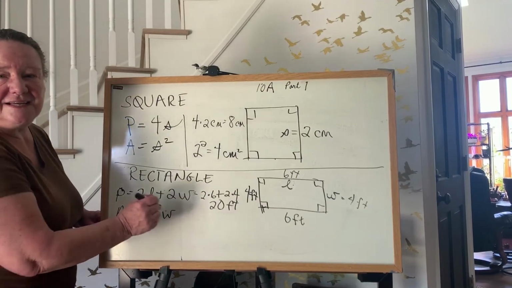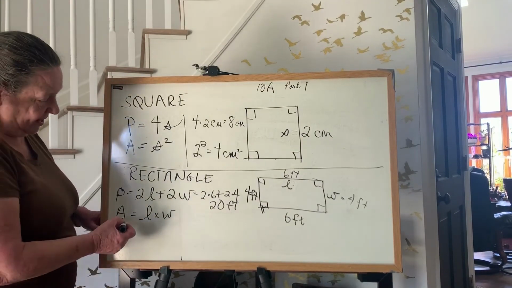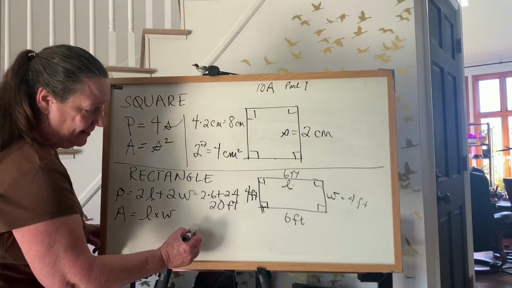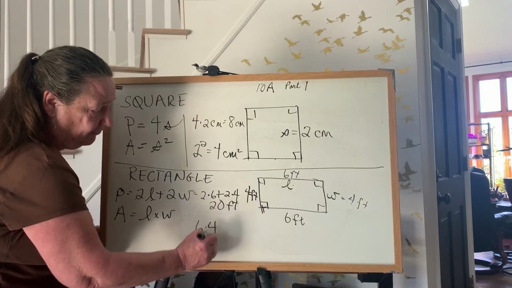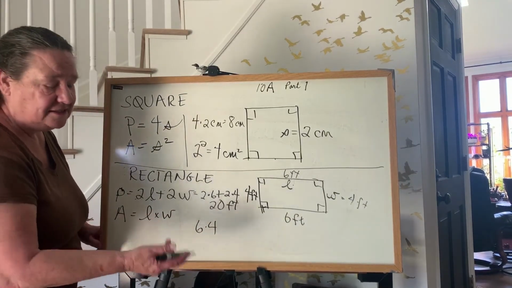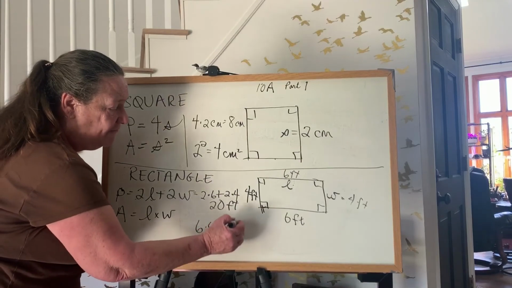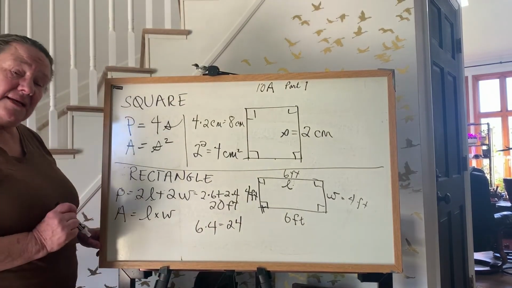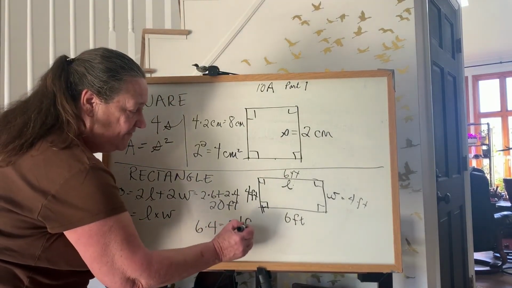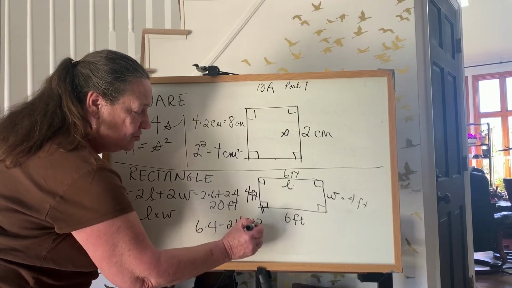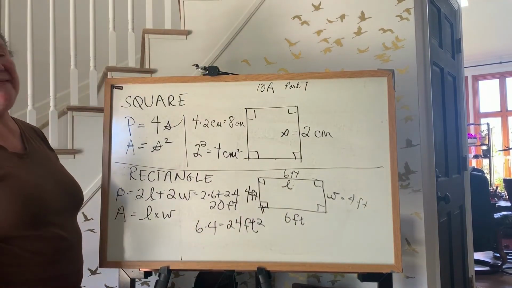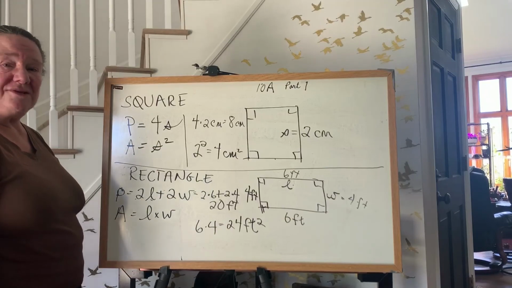Here, this is the easiest formula next to the square. Length times width. 6 times 4. 4 times 6, 6 times 4. 24. This is an area. It's feet squared. And that's it for a rectangle. How simple is that?